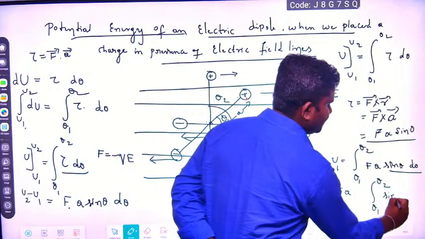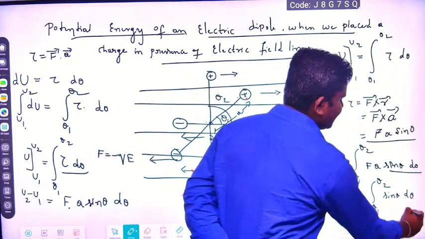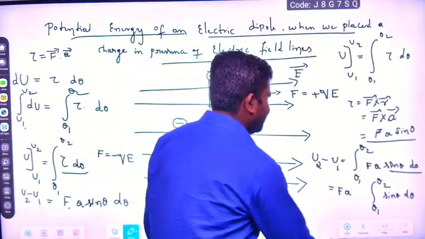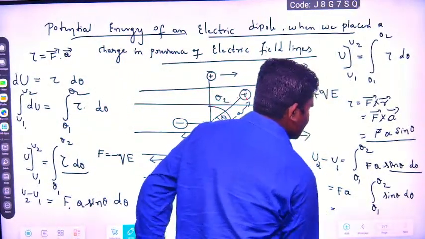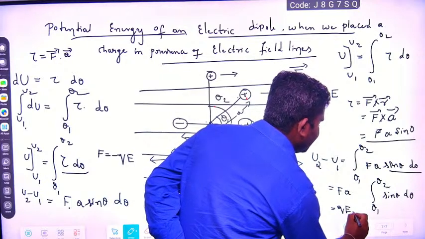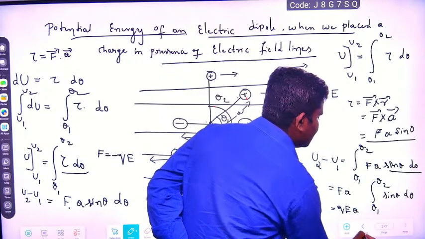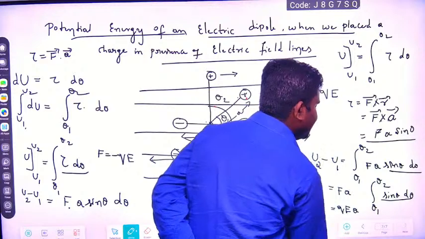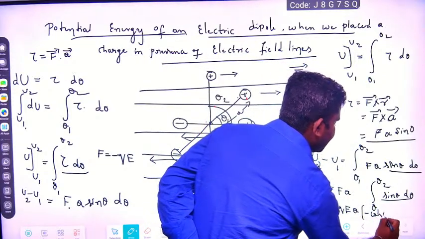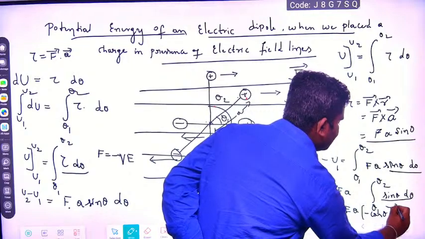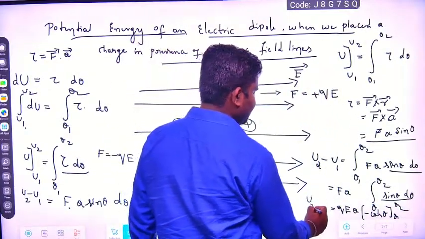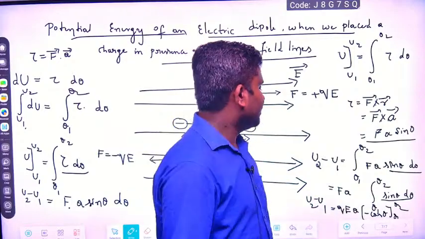What is the integration of sin theta? F is equal to QE, correct? A sin theta d theta gives minus cos theta from theta 1 to theta 2. Now you need to apply limits.